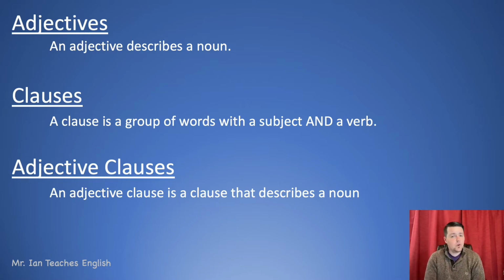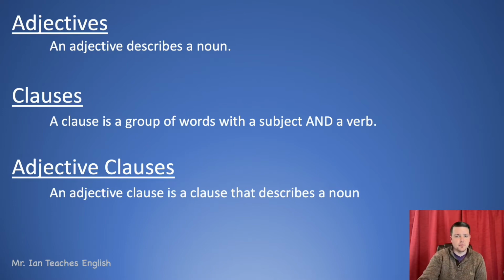If you only have one or only the other, that's not a clause. So let's combine these two ideas. Let's combine the idea of adjectives and the idea of clauses and put them together into adjective clauses. Now this allows you to be a lot more complex, a lot more detailed, but you have a group of words that work together with a subject and verb to describe a noun.